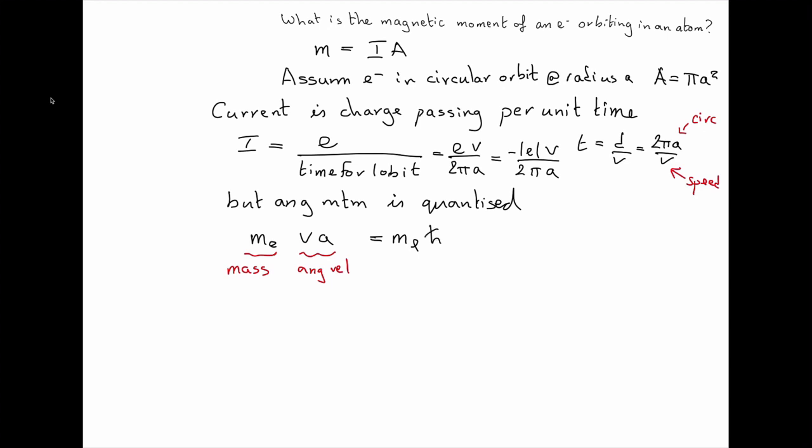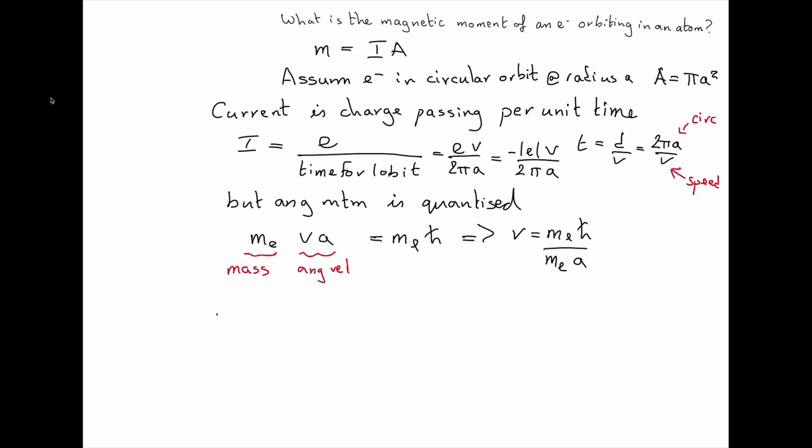So angular momentum is quantized. The mass times the angular speed will give me an integer m_l, lots of h bar. So this implies that the velocity v is equal to m_l h bar over m_e a. Right, I can go back to my definition.